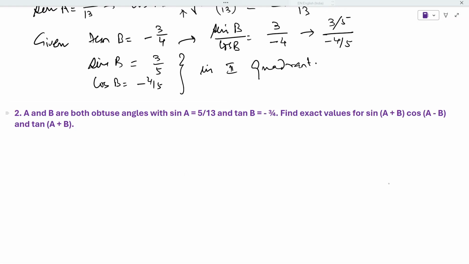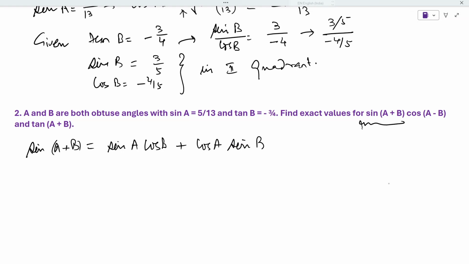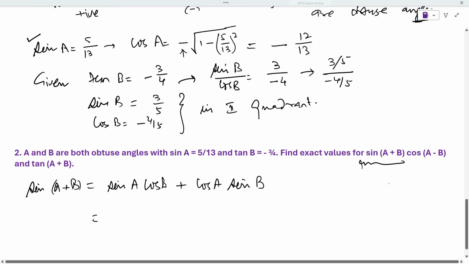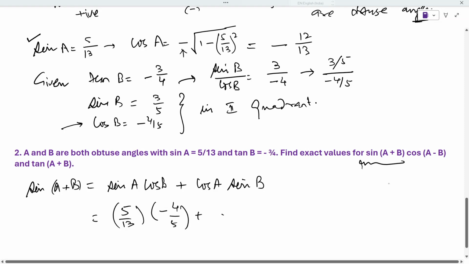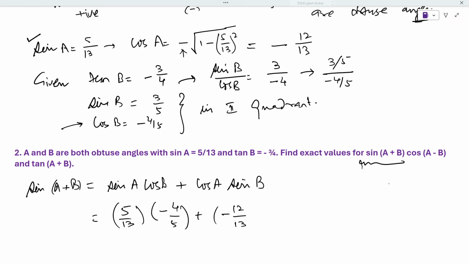Simple. Now we need to find out the value of sin(A + B). Sin(A + B) is equal to sin A cos B plus cos A sin B. So sin A is 5 upon 13, cos B is minus 4 upon 5, cos A is minus 12 upon 13, and sin B is 3 upon 5.